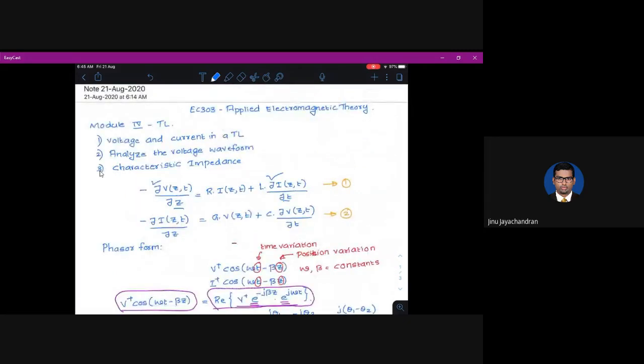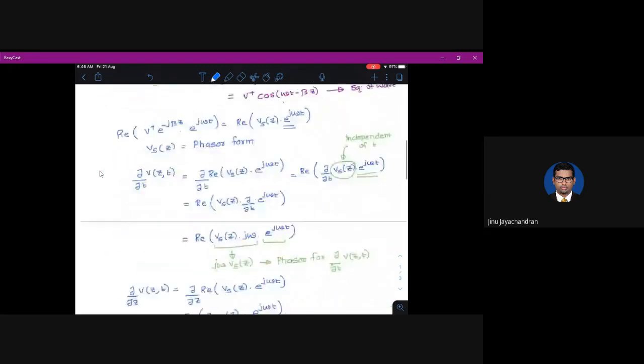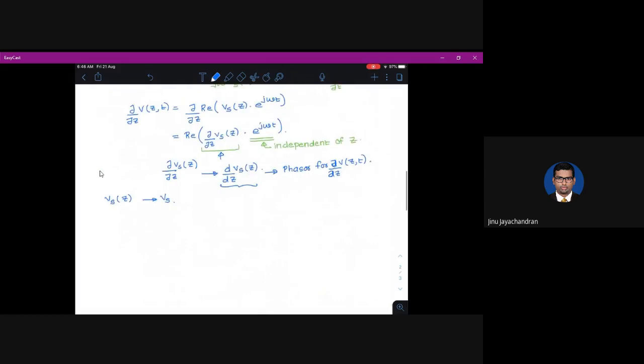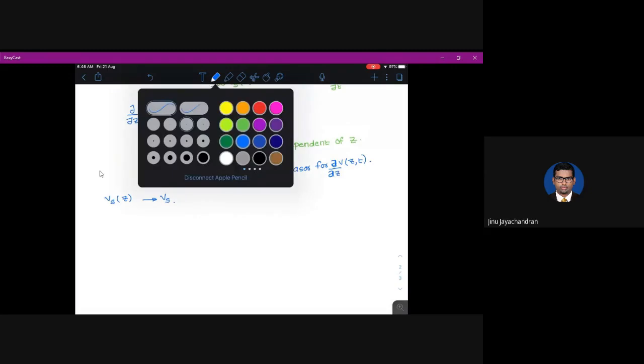So the first equation is: you have differentiation of v of z comma t with respect to z, and differentiation of I of z comma t with respect to t. So let me substitute this in the first equation. Whatever we have derived till now, I'm going to substitute in the first equation.